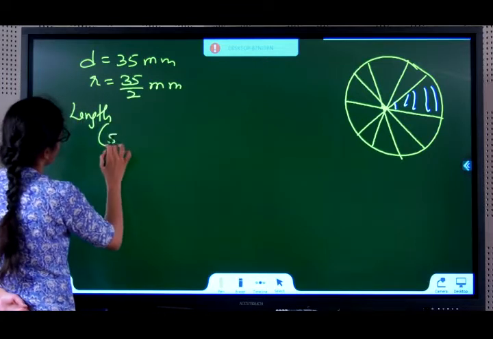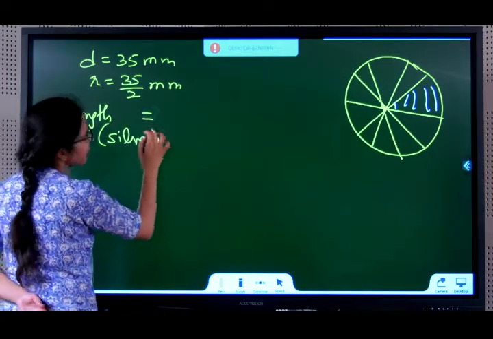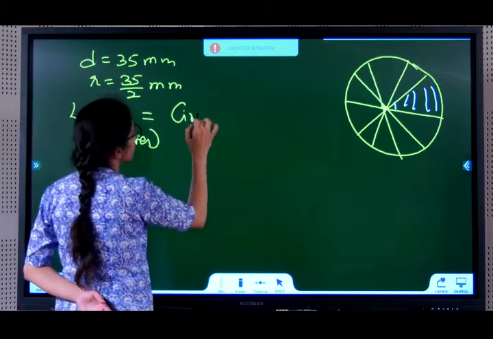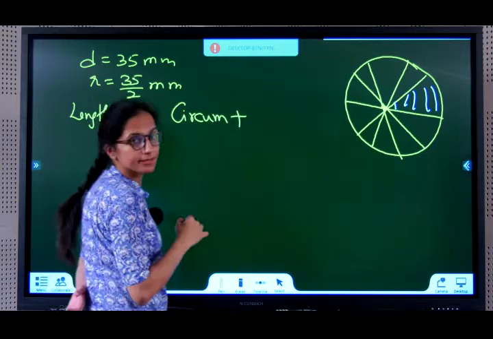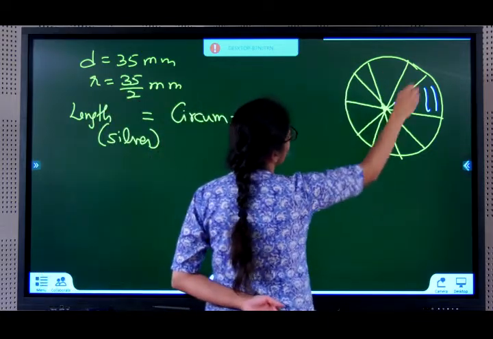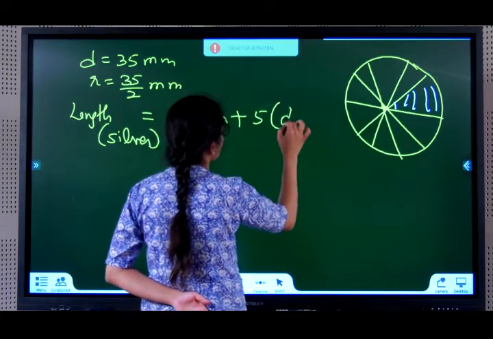Length of silver wire used is equal to circumference, because we had to make the circle, plus how many diameters? 5 diameters.